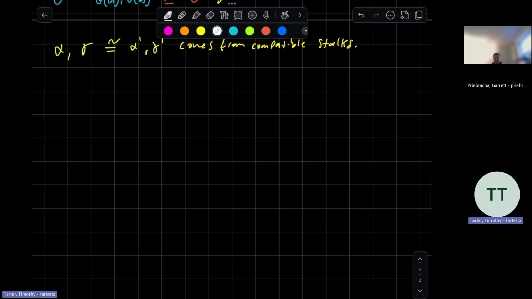So gluing sheaves is what's called the next section.